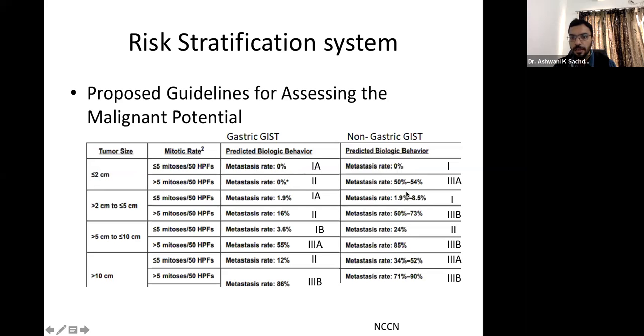But with non-gastric, it is about 50 to 54%. So it is stage 2 in gastric and becomes stage 3A in non-gastric small bowel tumors. So all tumors with high mitotic rates, they will have high metastasis rate in non-gastric GIST compared to the gastric GIST.